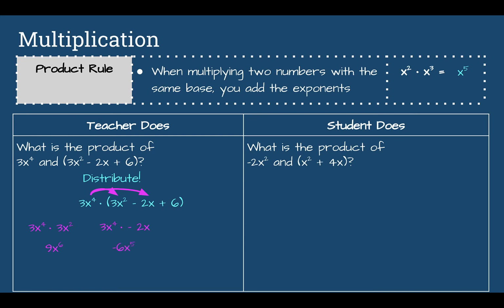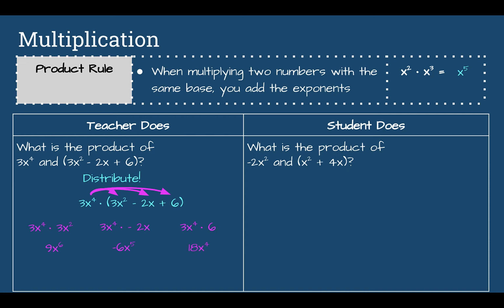We would end up with negative 6x to the 5. Remember, there's a hidden 1 on that x that's by itself, so it would be 4 plus 1 to get to the 5. Finally, we would do 3x to the 4 times 6 and get 18x to the fourth.